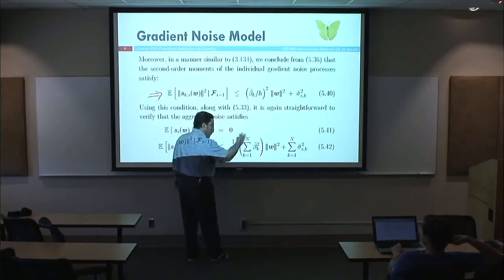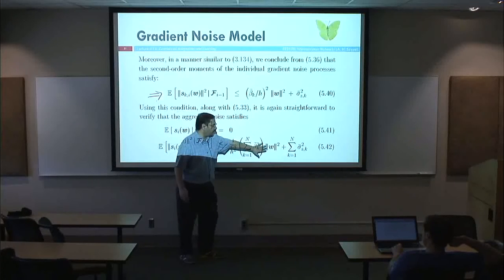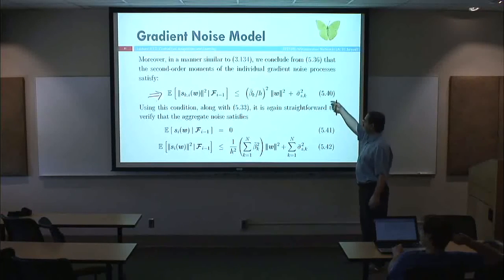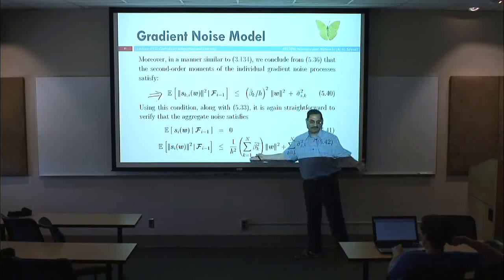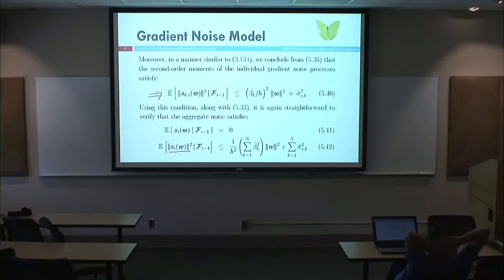So I don't really care about the form of these coefficients. The important thing is that there is a coefficient times omega squared, right? So if the individual gradient noises satisfy this condition, the aggregate gradient noise will satisfy similar conditions for some other constants. So this is for the 2nd order, okay? Right, so you understood where this came from, right?